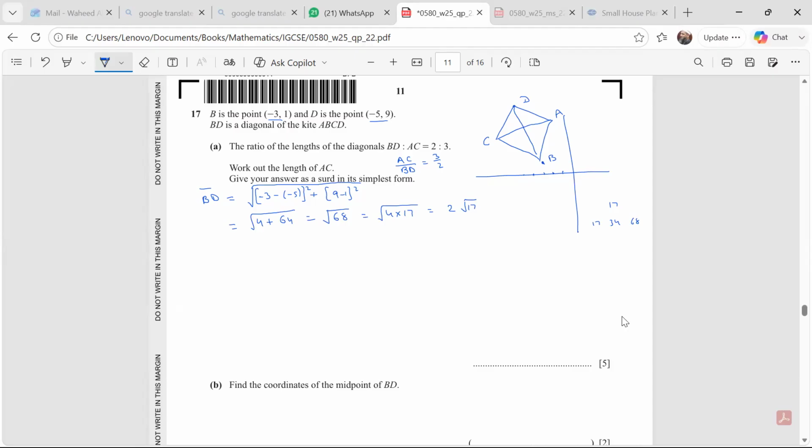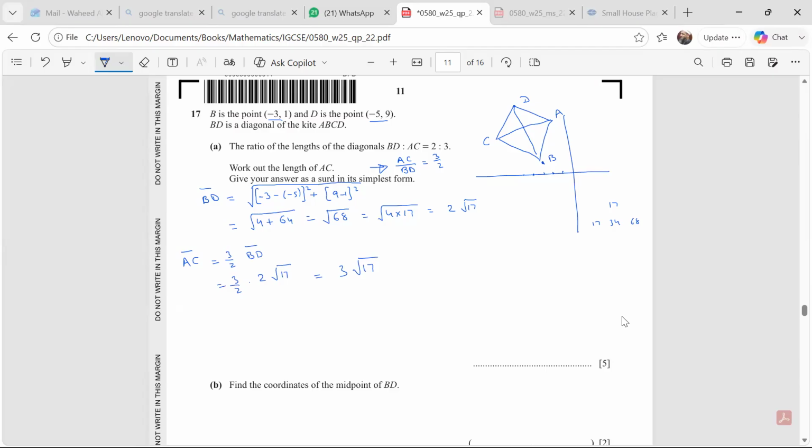Now from this relationship, the length of AC is going to be 3 by 2 times the length of BD. So 3 by 2 times 2 under the root 17, the 2s cancel and you get 3 under the root 17. Easy.